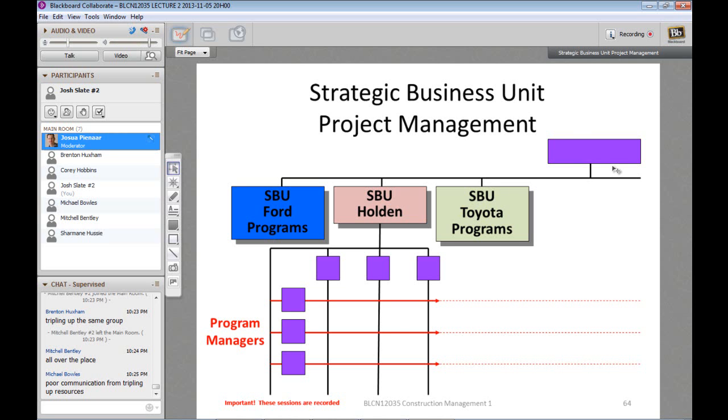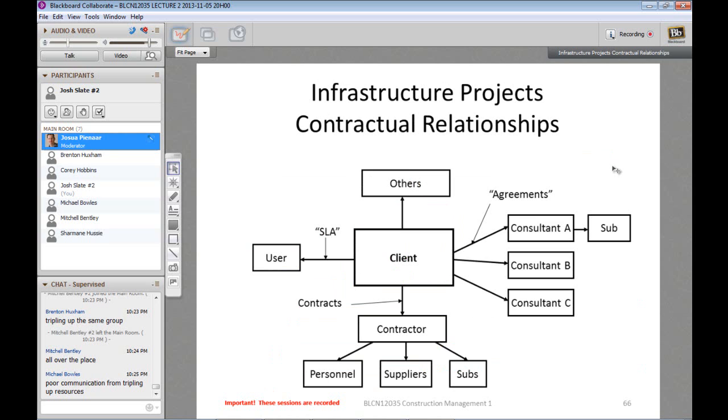All right, so let's have a look at how infrastructure projects and contractual relationships fit together. This is sort of introducing next week's topic already. We are going to look at the different contractual relationships next week. But here you can see we've got our clients.